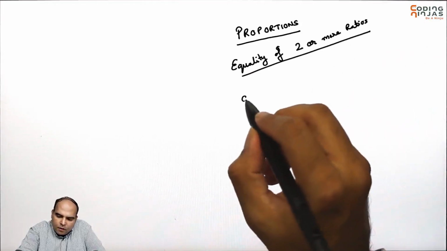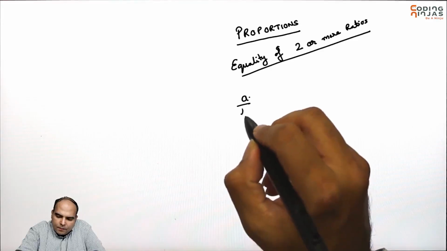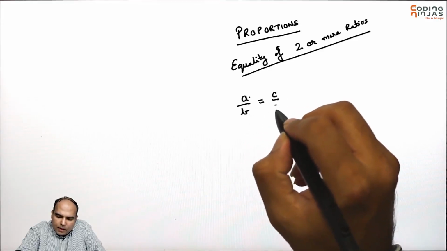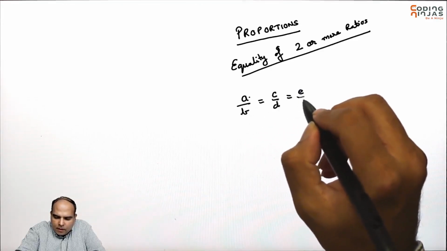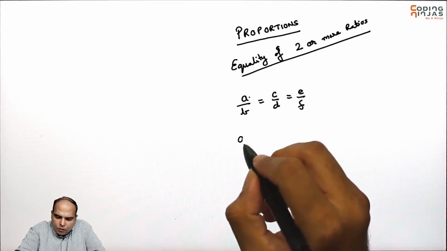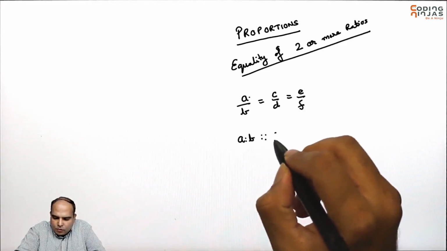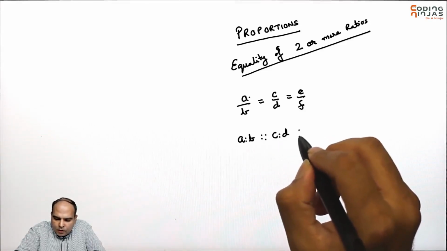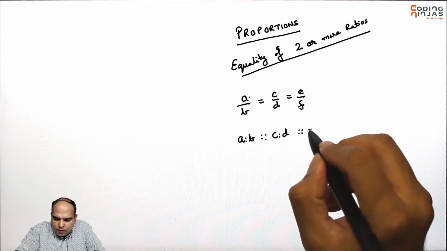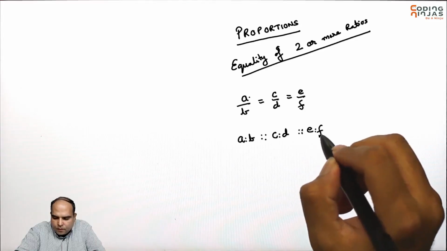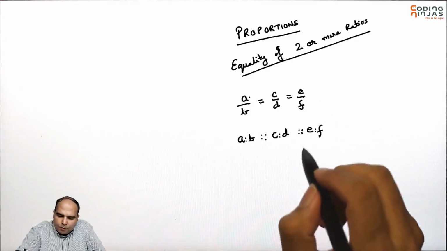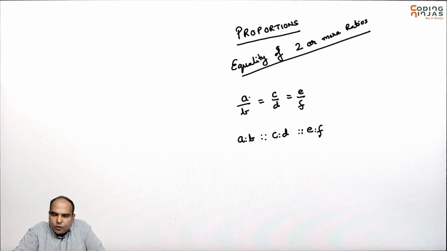So if you have A by B equals C by D equals E by F, then you can write it as A is to B :: C is to D :: E is to F. So this is what a proportion means, the equality of two or more ratios. Normally it's used mostly for two ratios only, but it can be for larger ratios.